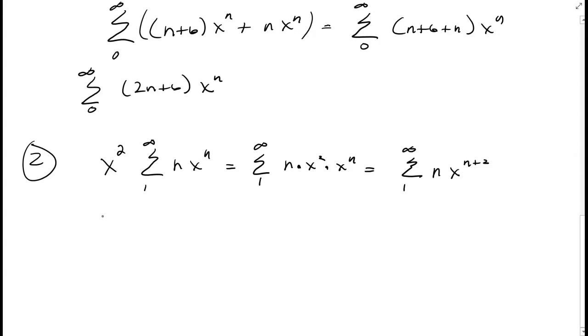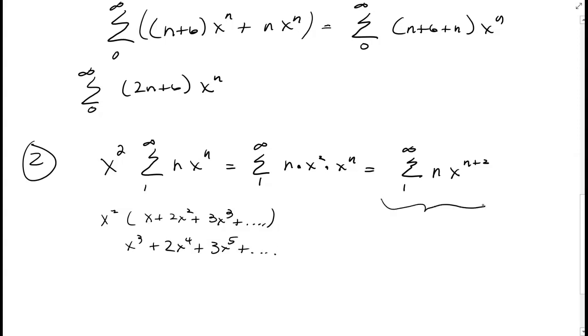So in other words, if you had an x squared times x plus 2x squared plus 3x cubed plus dot dot dot, that's just going to give you x cubed plus 2x to the 4th plus 3x to the 5th plus dot dot dot.